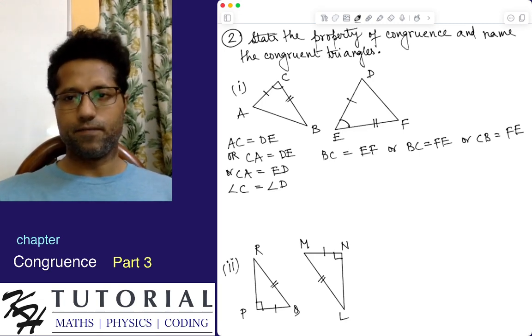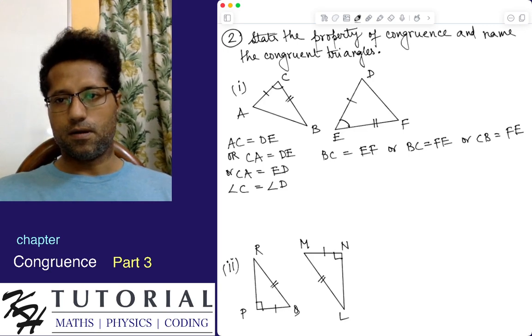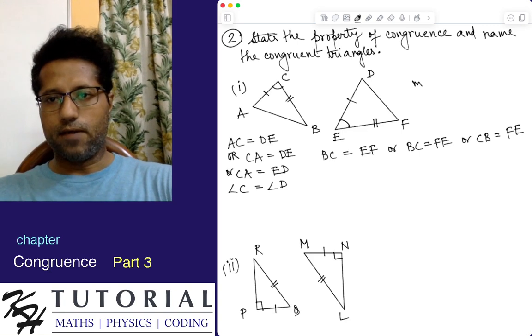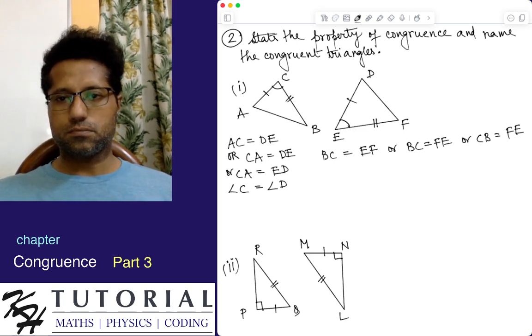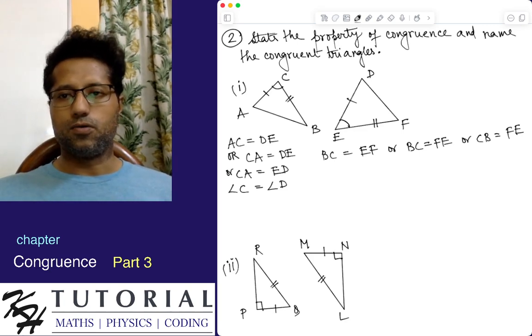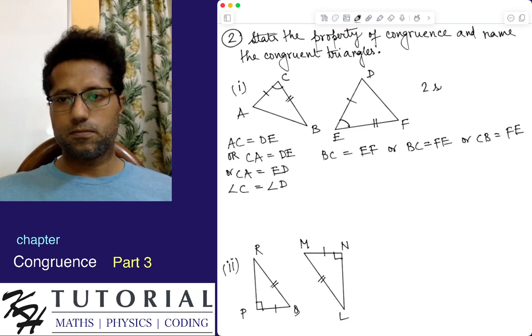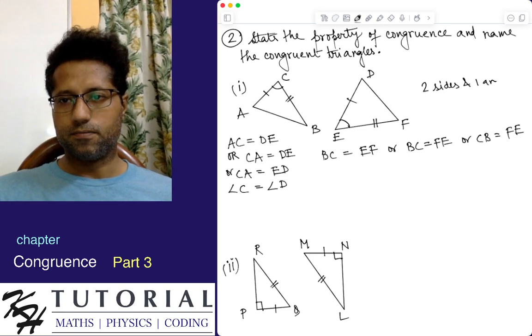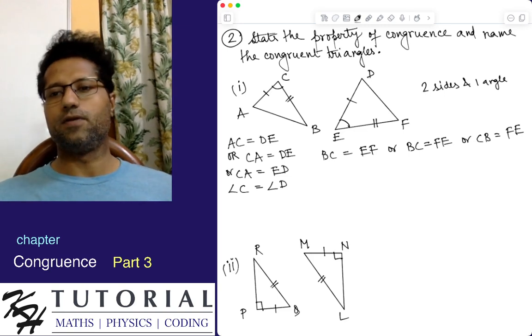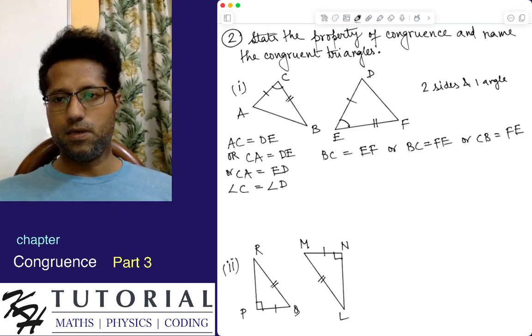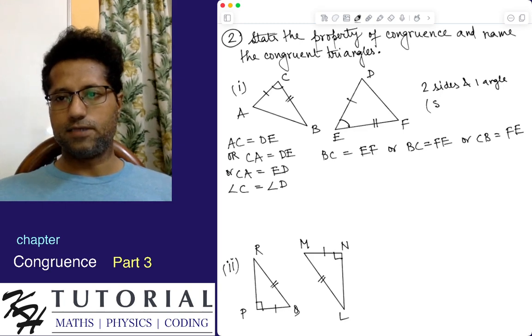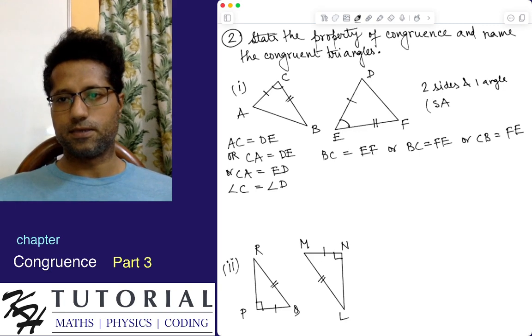So definitely we can see that we have two sides and one angle. Now two sides and one angle has to be SAS.